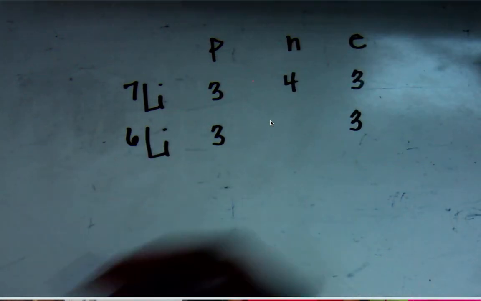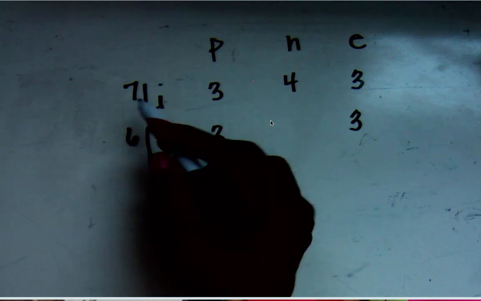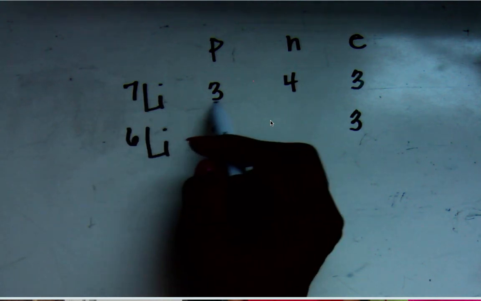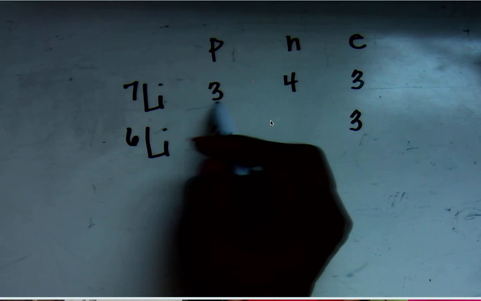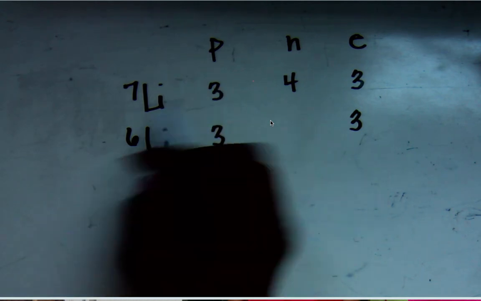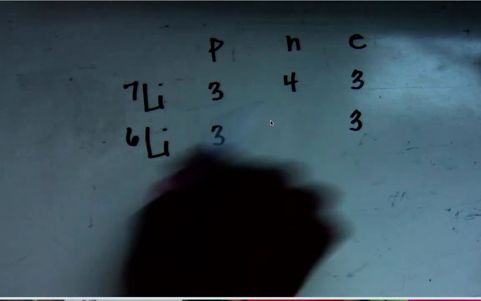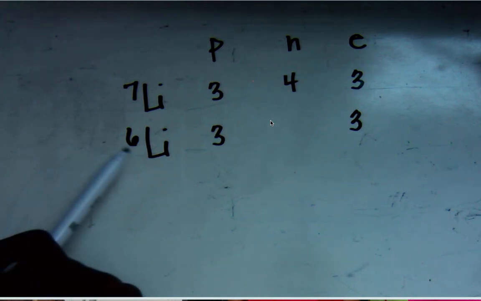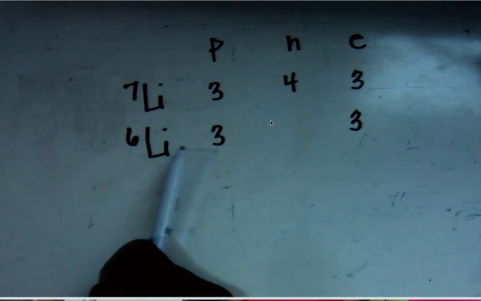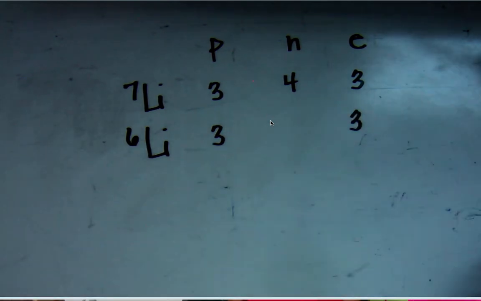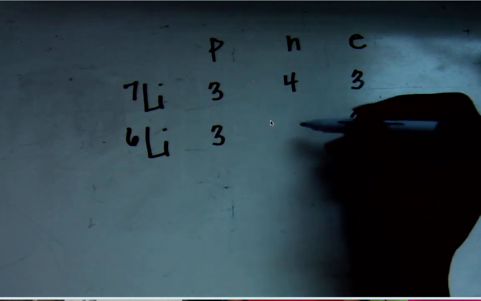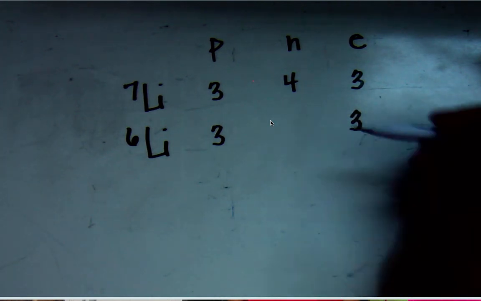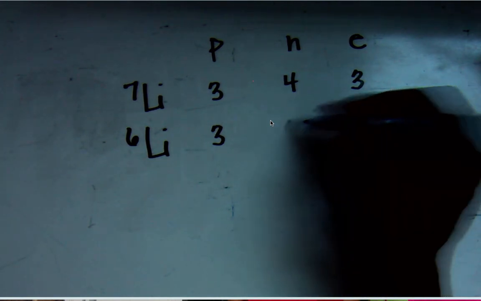Remembering that it's the mass number minus the atomic number, and your atomic number is always equal to the number of protons. So 7 minus 3 equals 4. Looking at lithium 6, lithium 6 has a mass number of 6, still with 3 protons. 6 minus 3 equals 3.